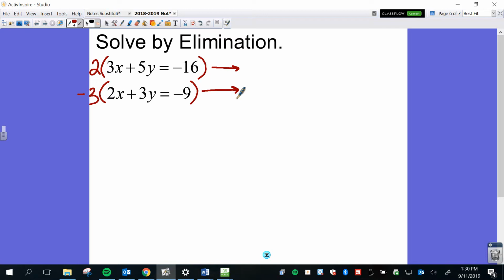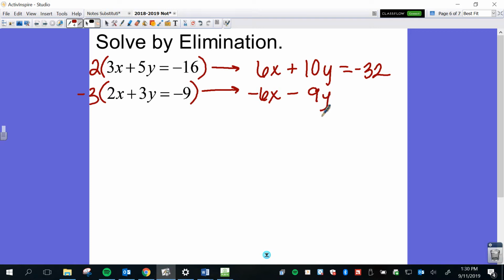So our top one will turn into 6x plus 10y, right, equals 2 times negative 16 is negative 32, right? And our second equation, now multiplying everything by negative 3. So negative 3 times 2x is negative 6x minus 9y, right?